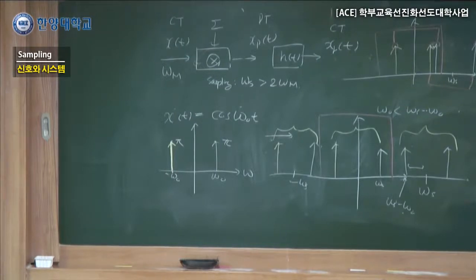Then we take samples, a discrete signal equally spaced like that. These peak arrows are our discrete time signal, and this is the case where no aliasing happens.